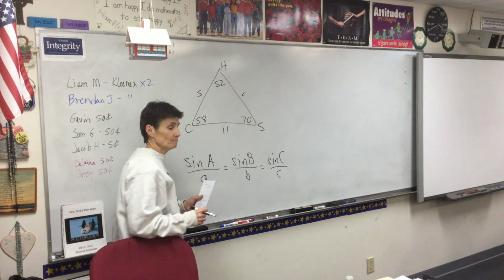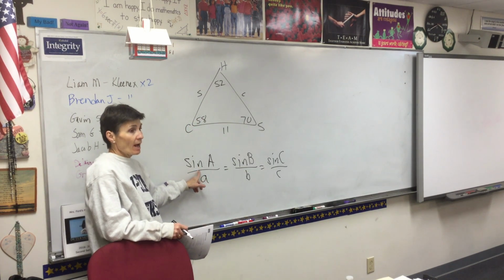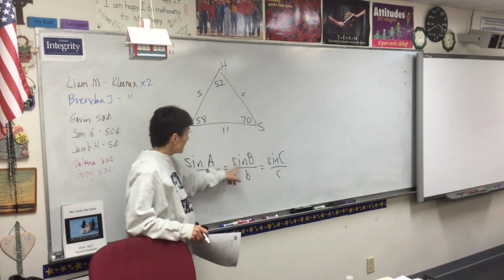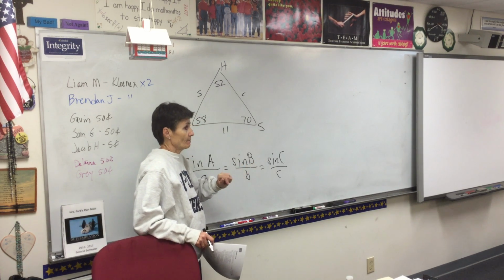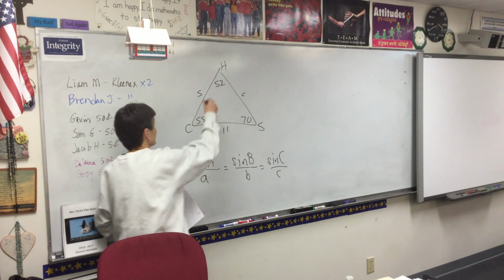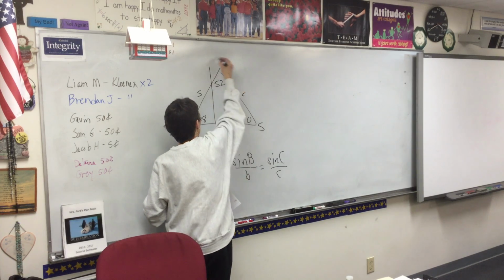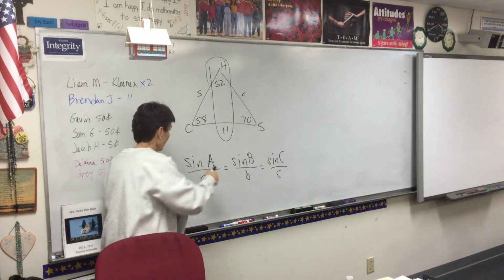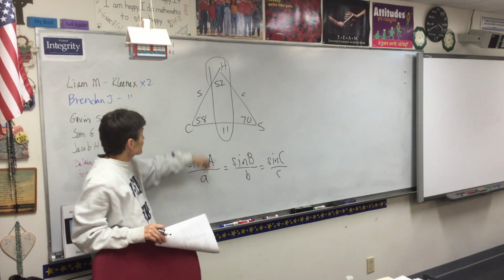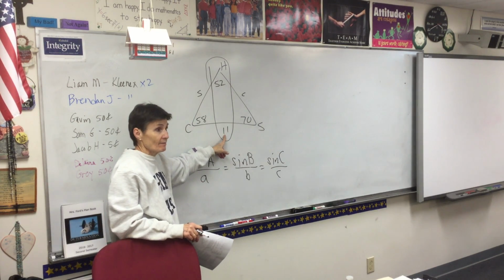Everything's just paired up. This is the sine of the angle over the side, the sine of the angle over the side, okay? So when I look at my situation, right here, I have what we call a pair. We have an angle and its side. 52 goes with 11.